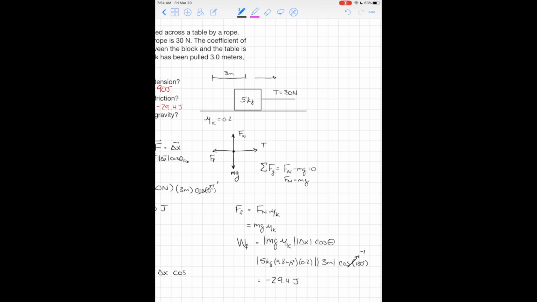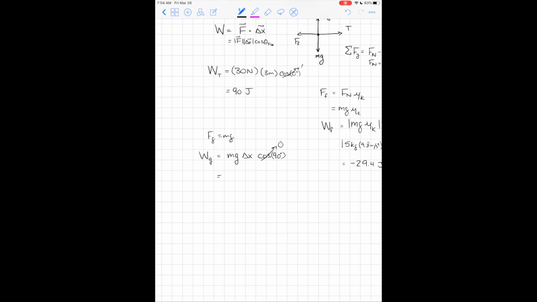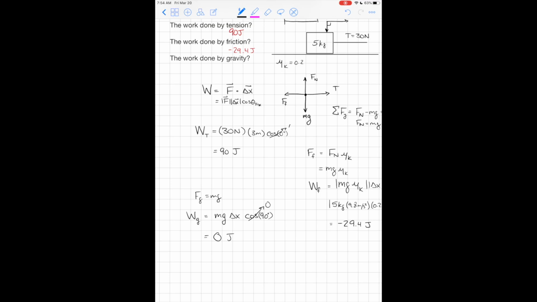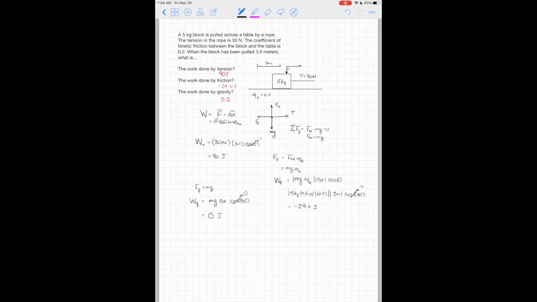Our force of gravity, though, points down. There's a right angle between them. So cosine of 90 degrees is 0, and anything multiplied by 0 is still 0. The work done by gravity is 0 joules. This is one of those no work scenarios where my force from the environment is actually perpendicular to the motion, to the actual displacement. So it does no work.